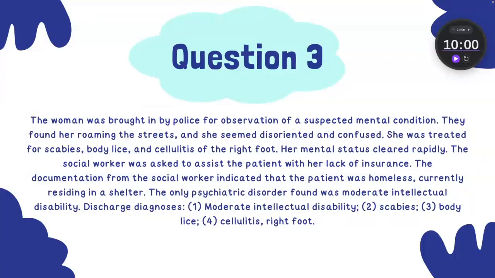So the scenario starts off by talking about the patient being admitted for observation for a suspected mental condition. But it was identified that the patient had moderate intellectual disability, and that was the reason for the disorientation and the confusion.